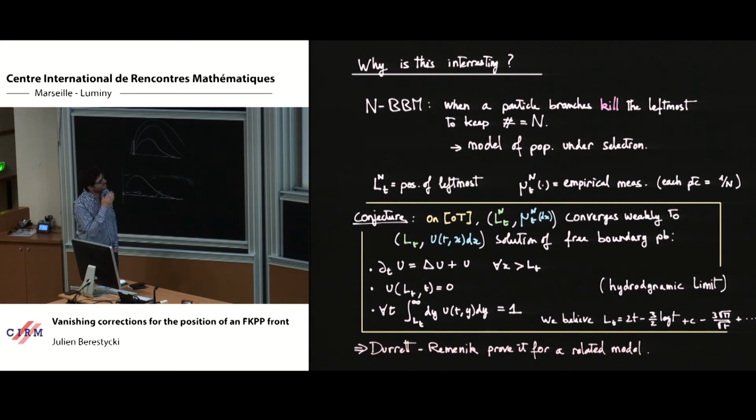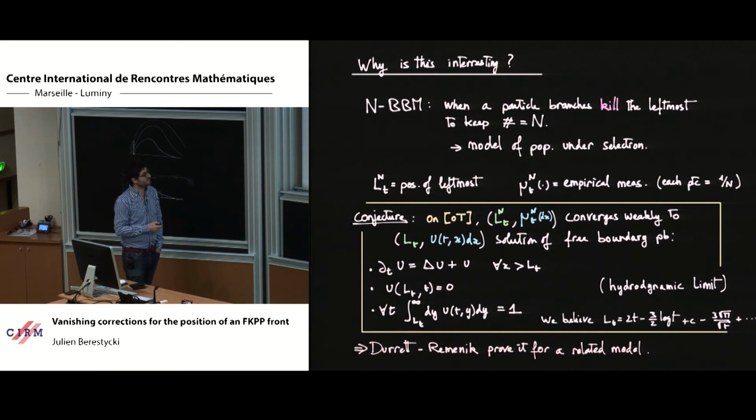So this is now mostly open, but it's related to something we know, so I'm going to tell you exactly. What should happen here is that if you look jointly at L N of t and this empirical measure, this is going to converge to the solution of the free boundary problem I've already introduced earlier, which is your favorite heat equation plus growth, right of L t. The u of L t and t is 0 at all times.